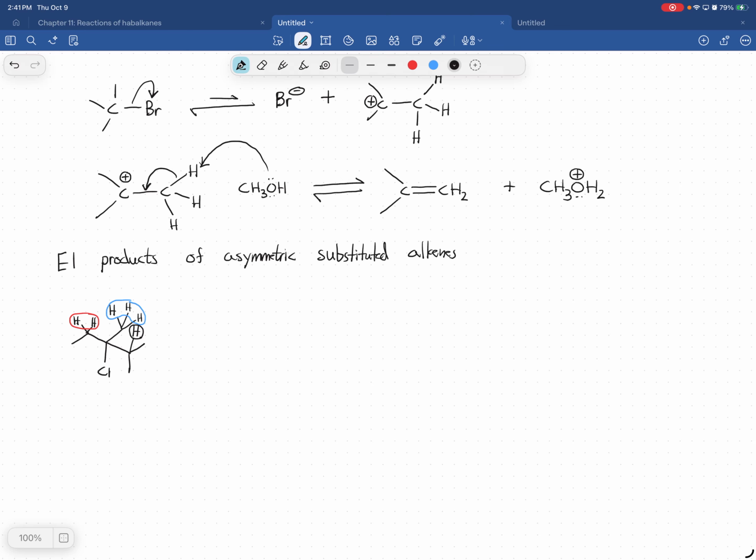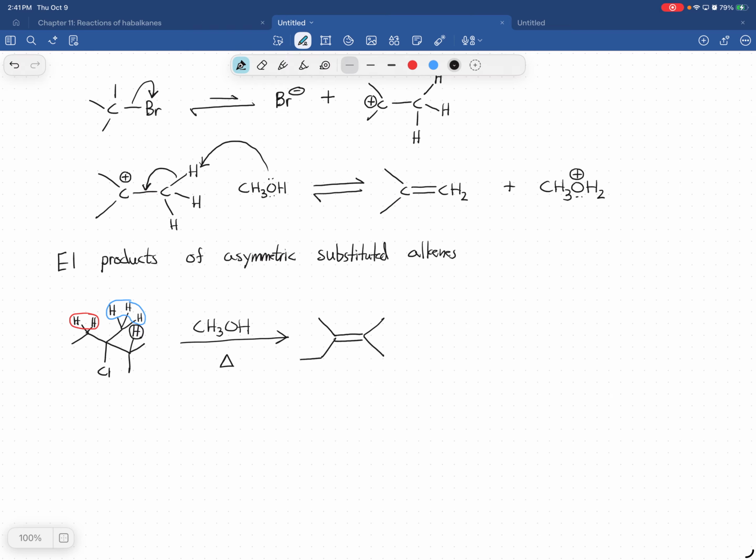So if you carry out this reaction in the presence of heat with your methanol, okay, you get 3 different products. So you get this one. CH3. All right.